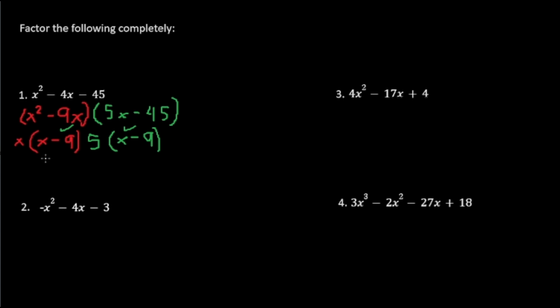So now our final answer would be, go back to red here, x minus 9 and then we would have x plus 5, because we have x here that we took out, that we divided from this over here, and then we took out the 5 from over here, 5x minus 45. So this is our factored version of the quadratic. This is a factorization of x squared minus 4x minus 45.